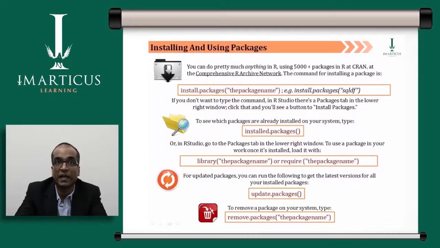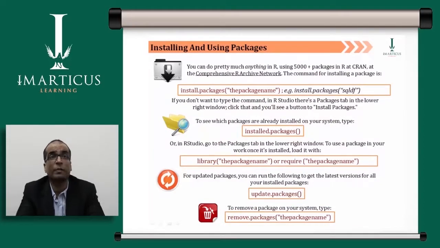Now, installing and using packages, right? I spoke about some default packages which are present in base R. Apart from that, you will be using most of the packages, which run up to the scale of more than 5,000 listed on CRAN, which you might use as and when you require. For this, you can either go by the menu-driven option, or you can directly write the code in your console. So you type install.packages and list the package name.